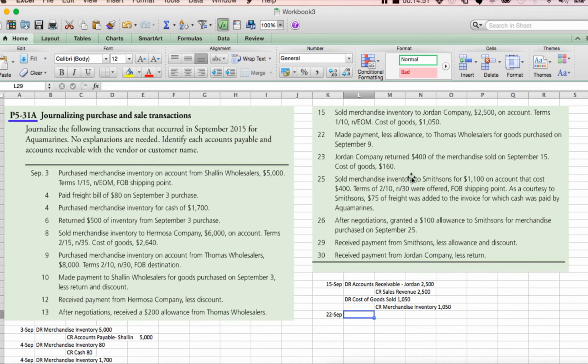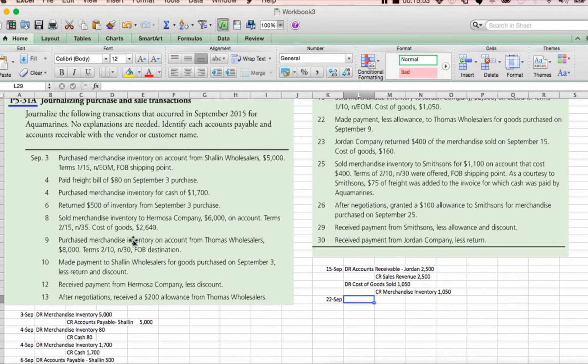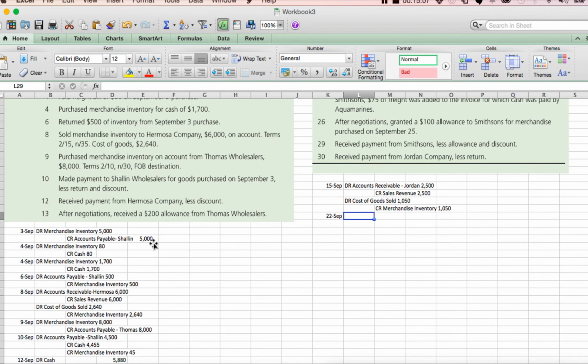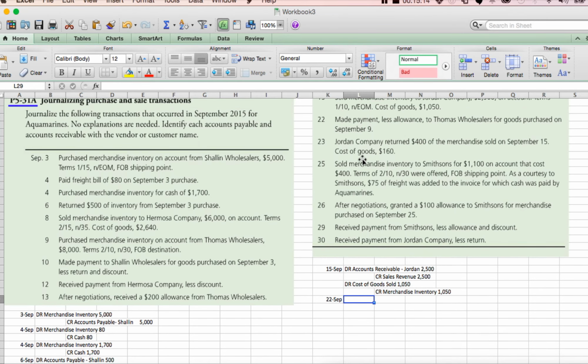Okay, so we already took that allowance out, so we don't have to worry about that. So we just have to pay what we still owe to Thomas Wholesalers. So that would be, let's see, $8,000. We took $200 out, so $7,980.